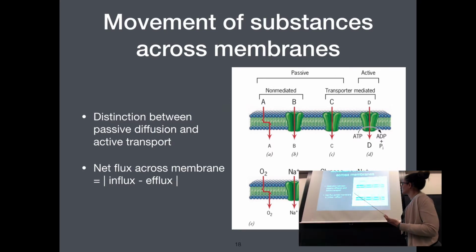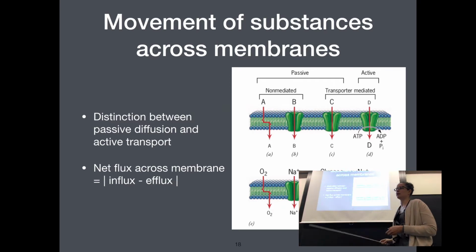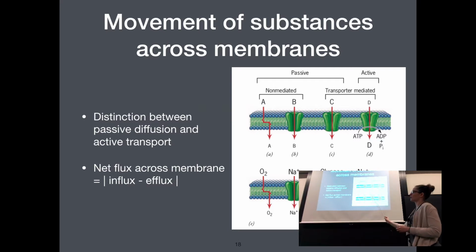So when we talk about the flux across the membrane, we're talking about the net flux, which means influx minus efflux. It doesn't mean that no molecule goes in the wrong direction. It just means that on average, overall, the molecules are going down their electrochemical gradient.